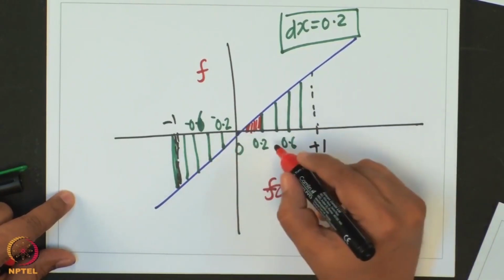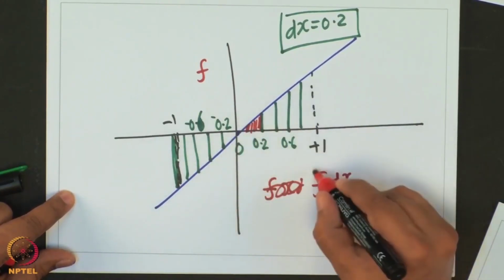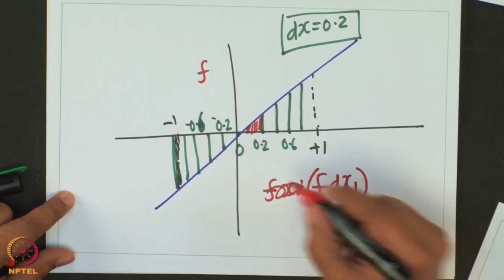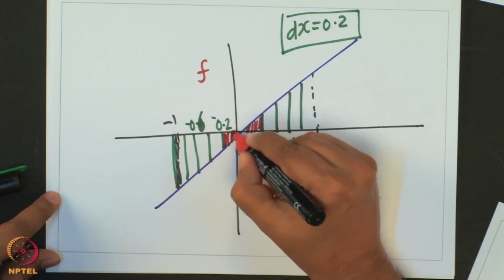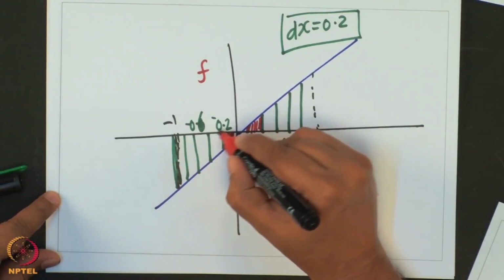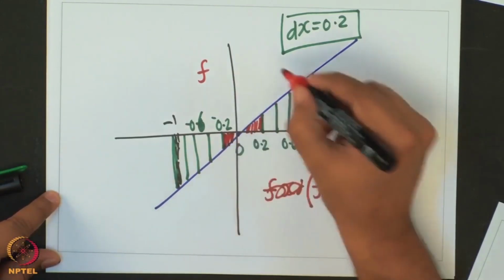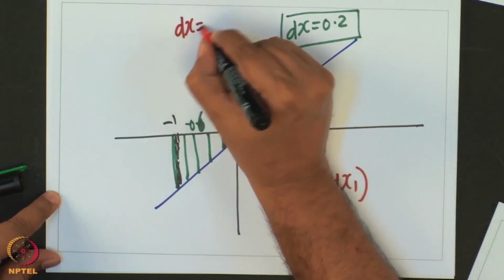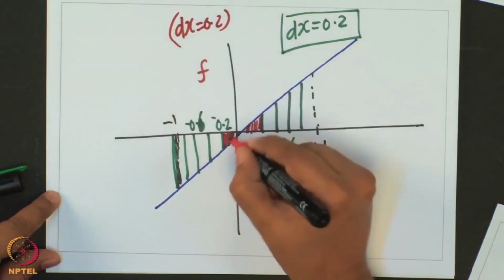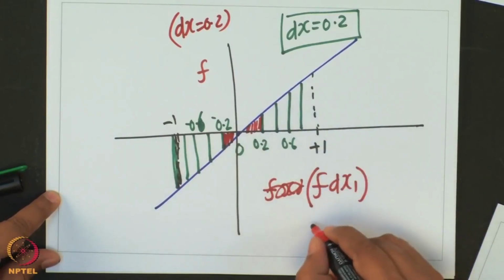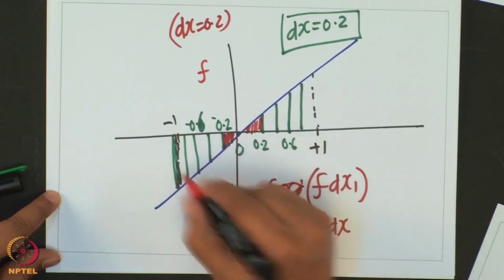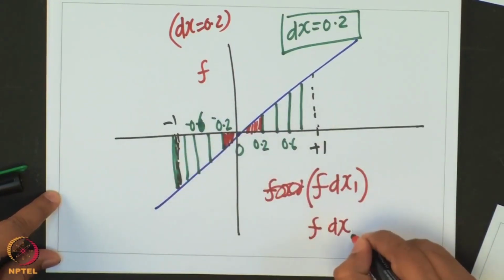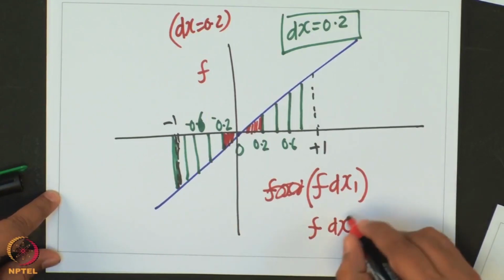So the interval is 0.2, the function value is positive, so this will be a positive number. Let us now take the corresponding part on the other side. The interval is 0.2 itself, so here also dx is 0.2, but the function is negative. So here we have the function times dx on the negative side, let me call it dx minus 1 if I like.